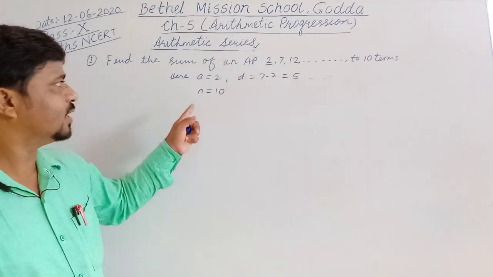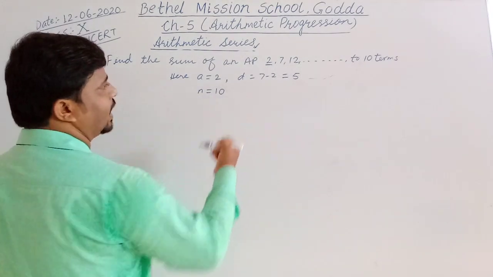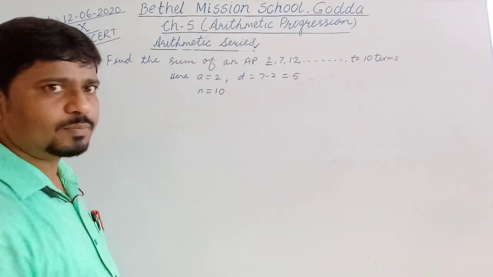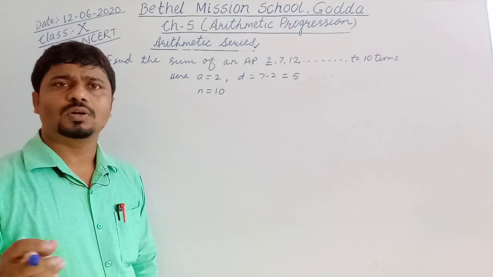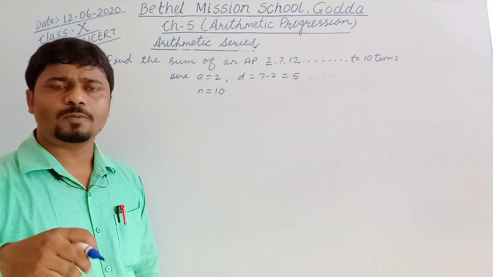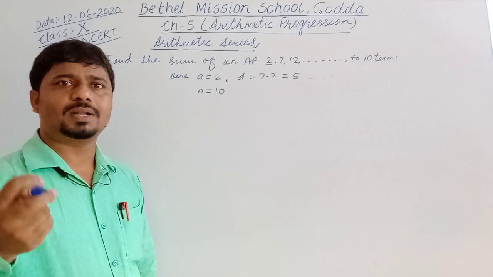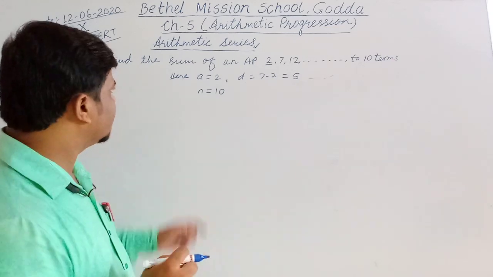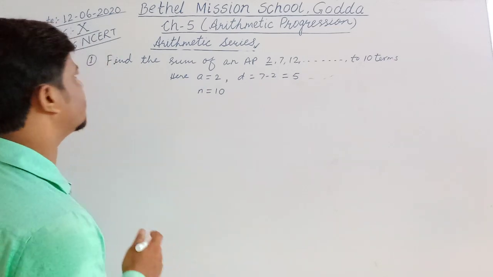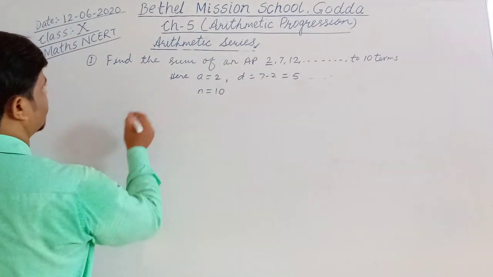Which formula will be used here? The second property: Sn equal to n upon 2 of 2A plus n minus 1 into D. That property will be used to find the sum of 10 terms.